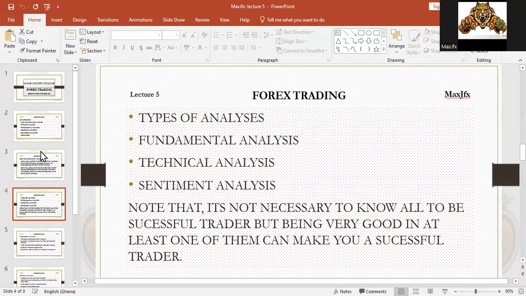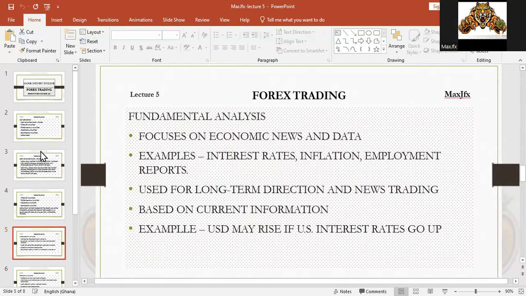It's not compulsory to know the fundamental, technical, and sentiment analysis, but being good at even one, just technical analysis, can make you a good trader. Just one is okay. It's even better and not confusing.